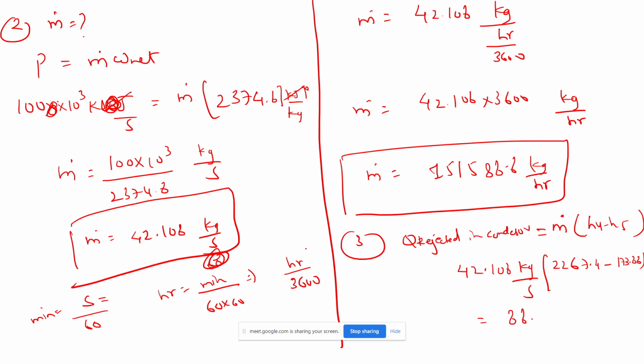So it is actually coming 88113.137 kilowatt. If we divide it by 1000, it will convert into megawatt. So 8.81 megawatt. Okay.